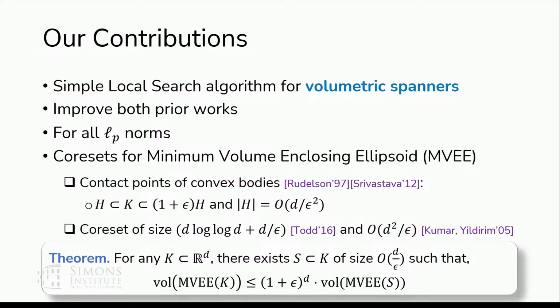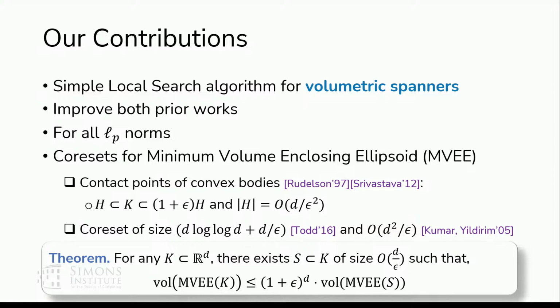The prior work in this line of research used MVEE to design volumetric spanners, but here we are doing the reverse. We are showing that local search gives a good volumetric spanner, and it also implies a good MVEE. Do you improve the contact point result?